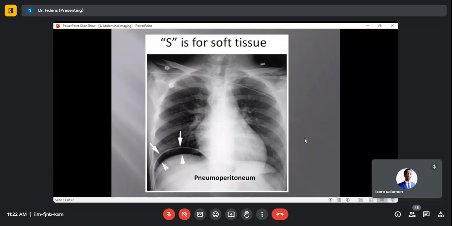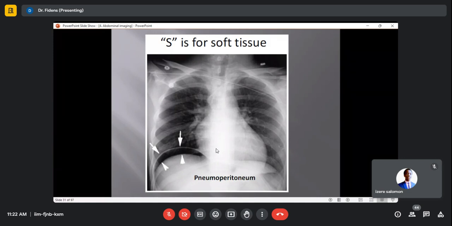And here I want to say something. When you have a very sick patient in your ward, and you send the patient for a plain abdominal X-ray, and the patient has been lying down, and let us suppose that the patient has pneumoperitoneum, free air in the peritoneal cavity, and now the patient is able to stand and have a plain abdominal X-ray taken, don't think that free air will go up immediately.